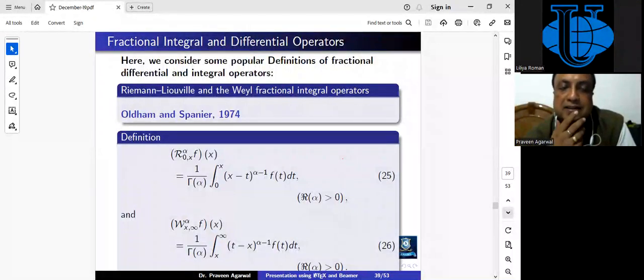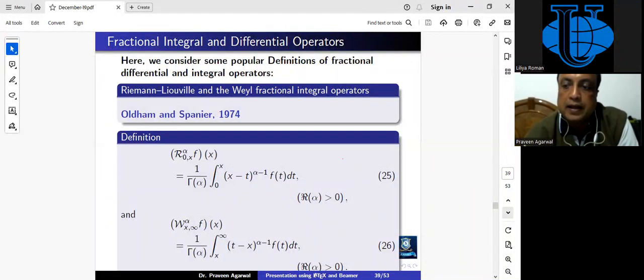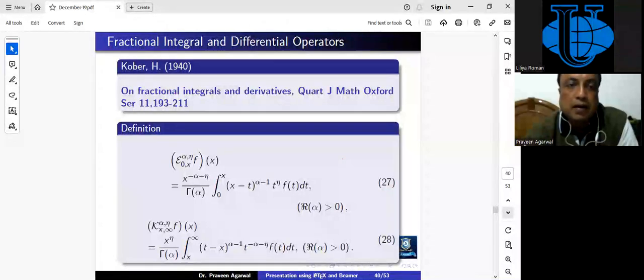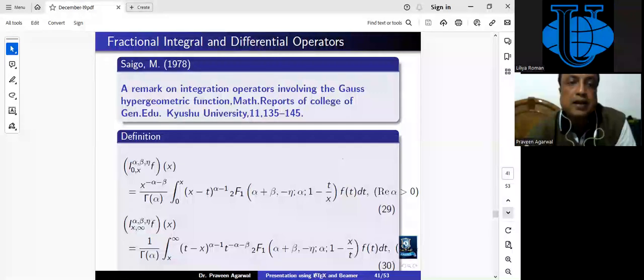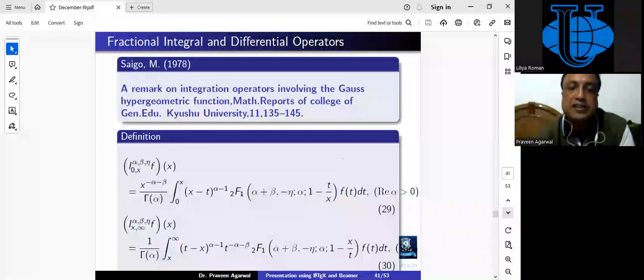Then after that, we are discussing some of the definitions. You can see that this is the Riemann-Liouville fractional integral operator, which is given by equations number 25 and 26. And the Kober fractional integral operator, which is given by equations number 27 and 28. Then Saigo introduced another kind of generalization of the fractional integral operator, which is given by equations number 29 and 30.